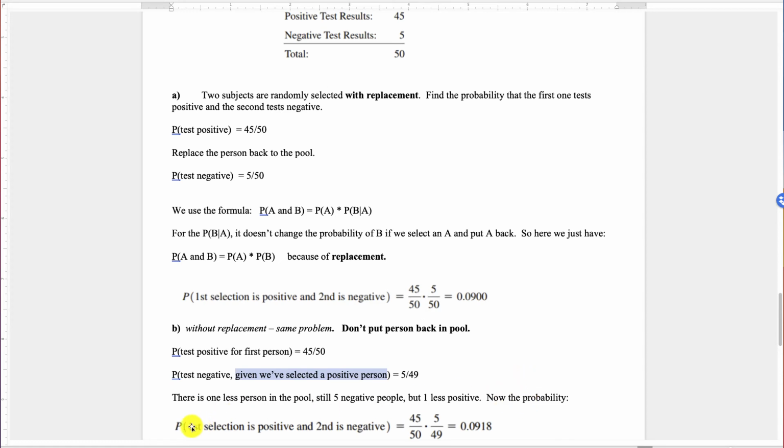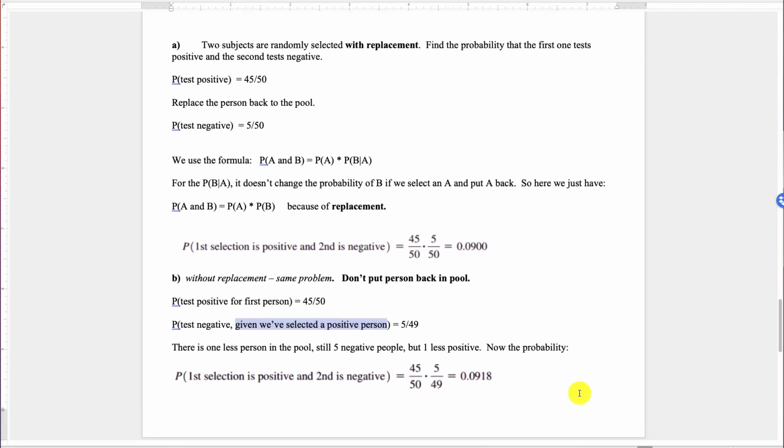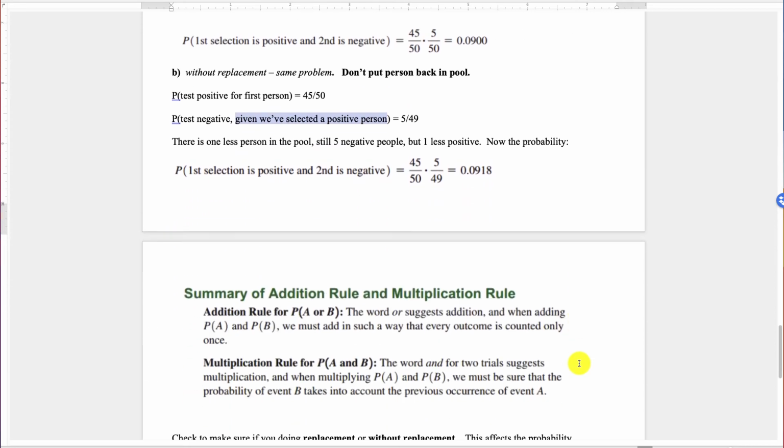So now the probability of the first selection being positive would be 45 out of 50 times the 5 over 49, changing the probability slightly. It's more likely now, 0.0918. So the key here is to be aware whether you're doing replacement or not replacement, because it's going to change the effect of the and, and the and is multiply.